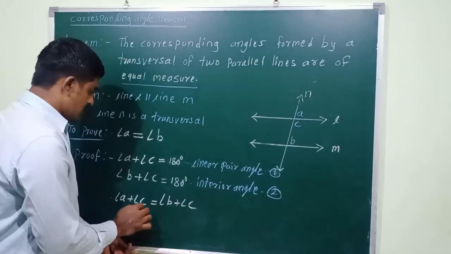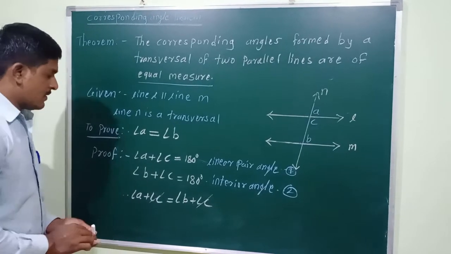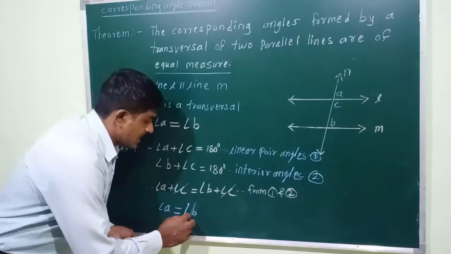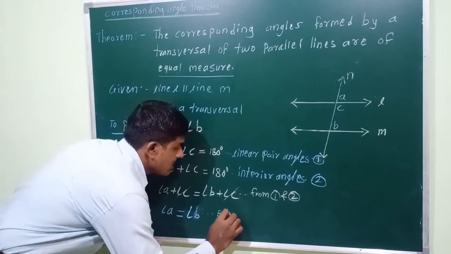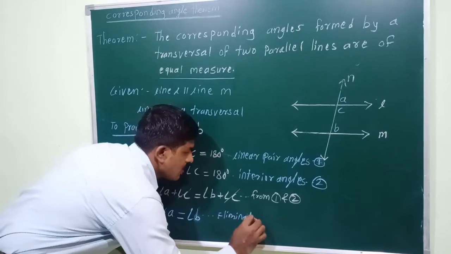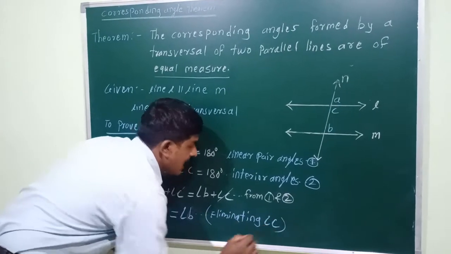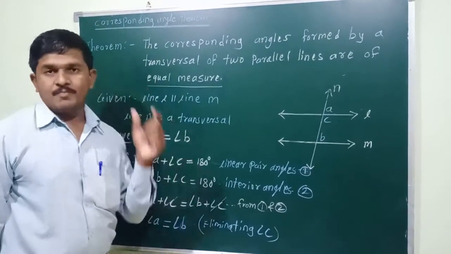Hence these angles are eliminated. Hence the remaining angle A is equal to angle B, eliminating angle C. This is the proof of this theorem.